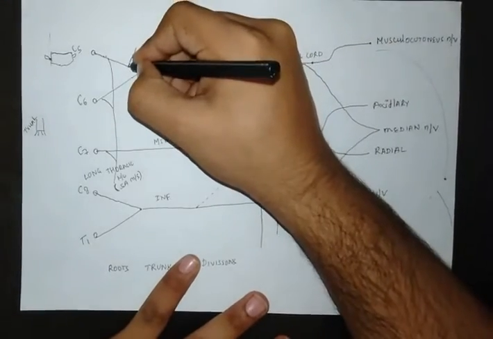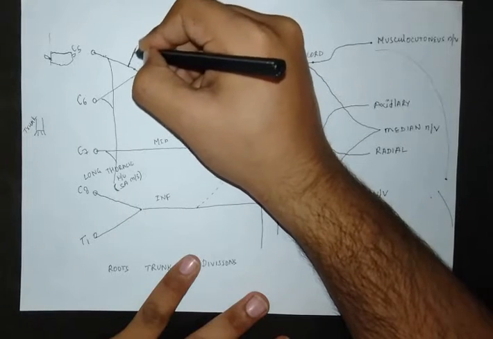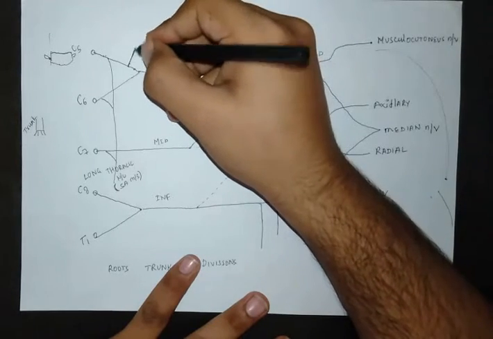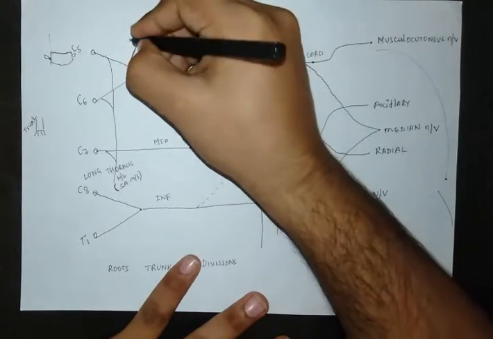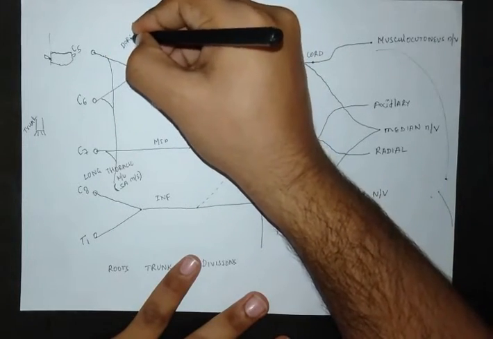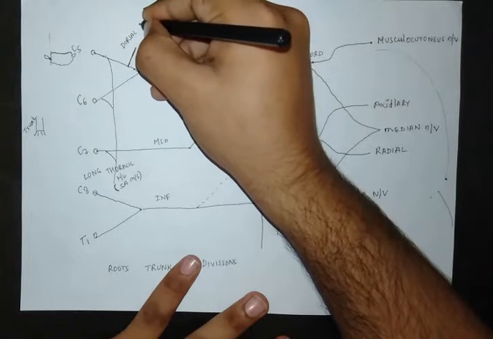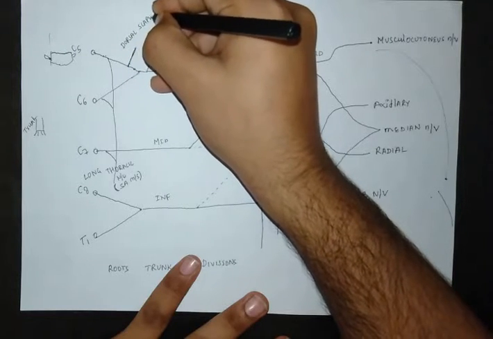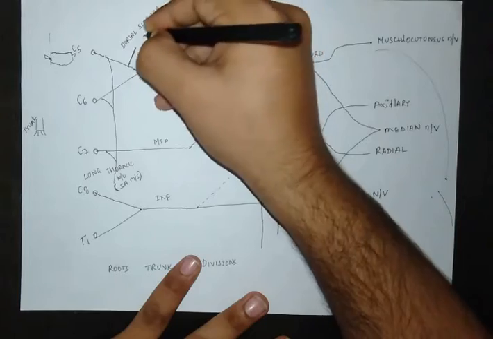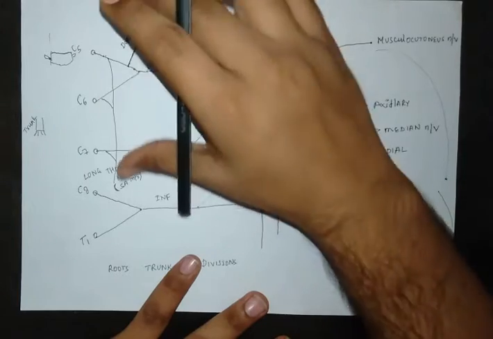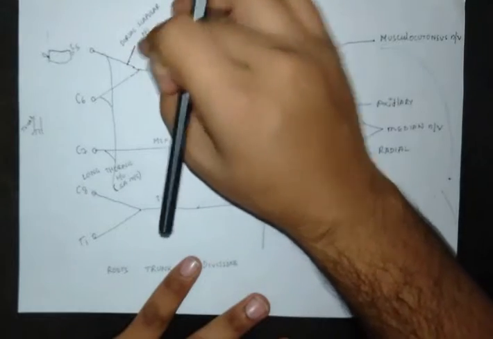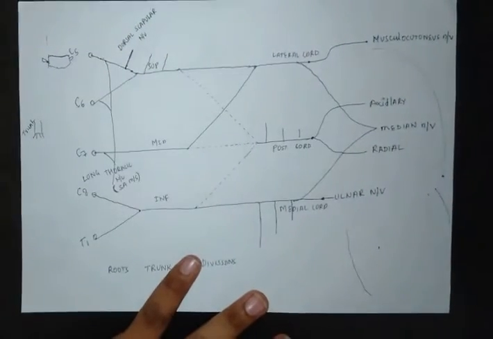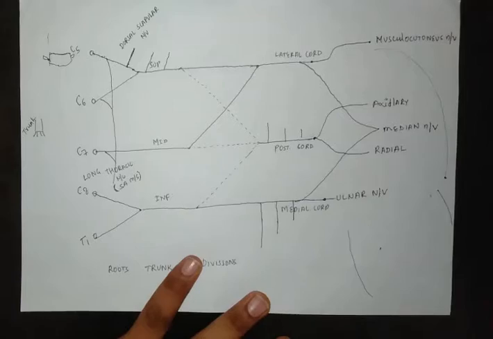What I will do is, first of all, the first branch that I give will supply the dorsal region of my back, which is the dorsal scapular nerve. You can imagine, since I need to supply the dorsal side also, this is the best place from where I can give a nerve.